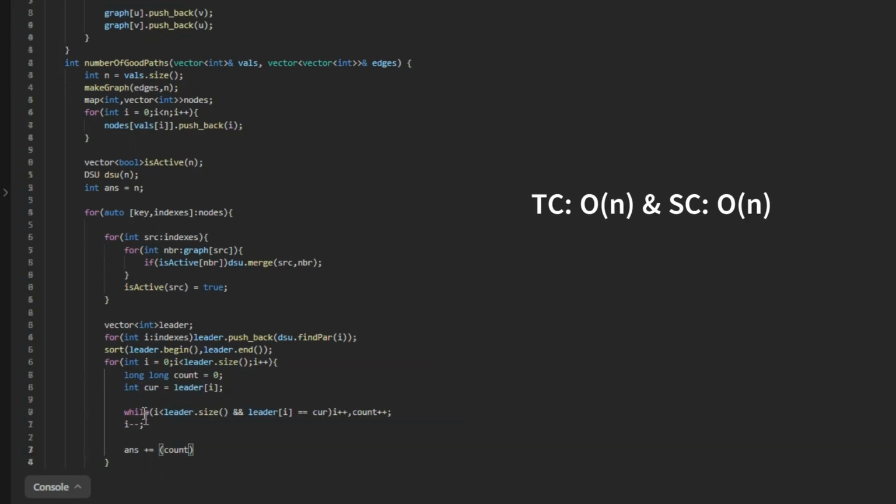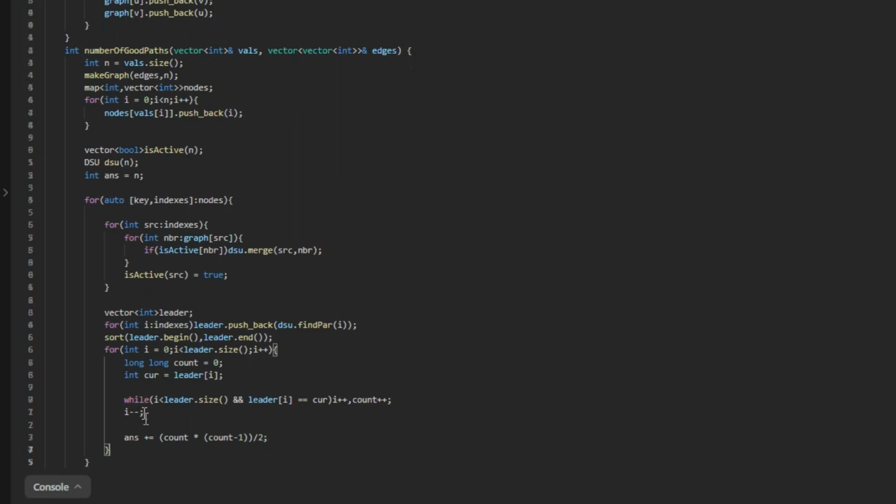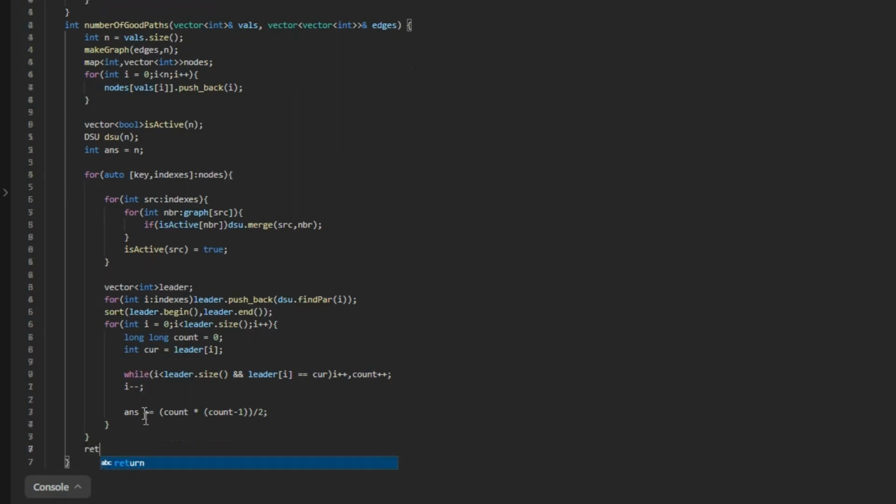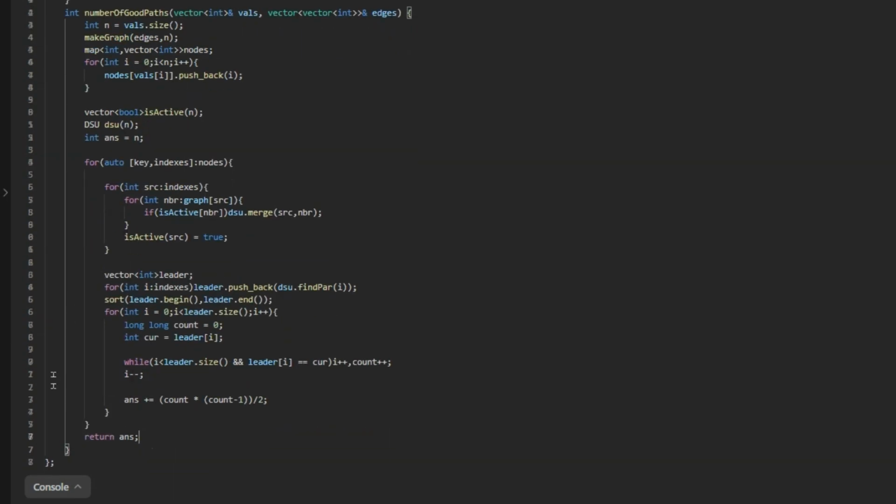Our answer will be count times count minus 1 divided by 2, that is nCr. Then we will return our answer. I hope it will run. Let's try to run this.